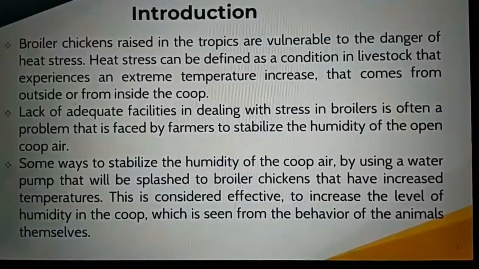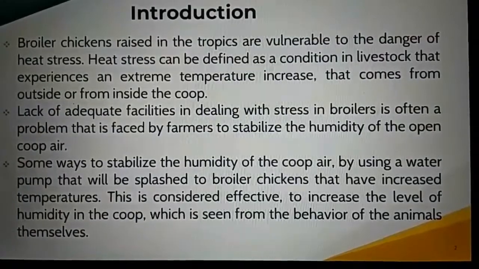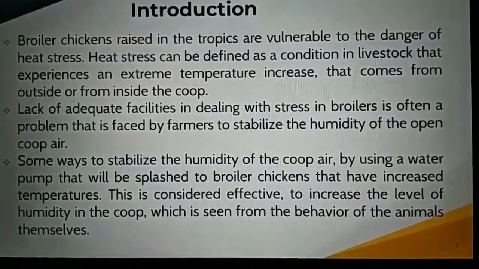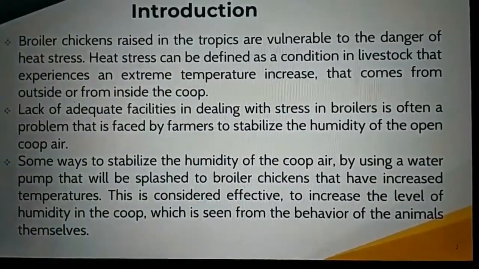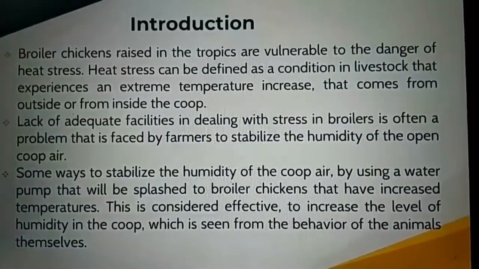This is considered effective to increase the level of humidity in the coops, which is seen from the behavior of the animals themselves.